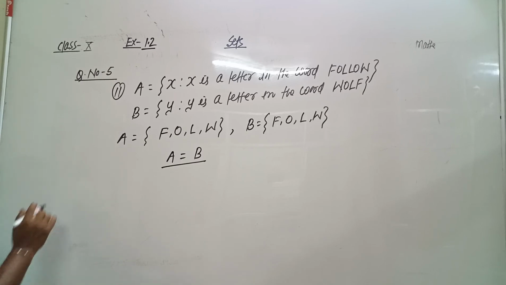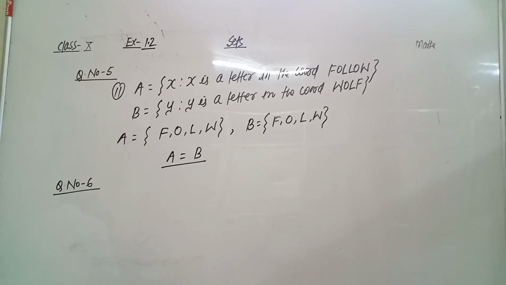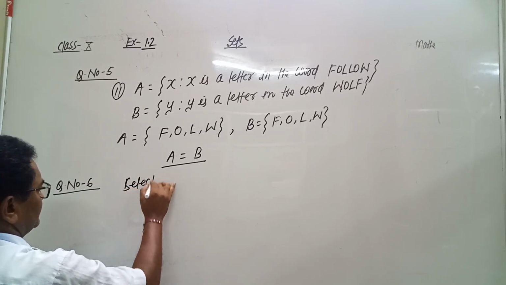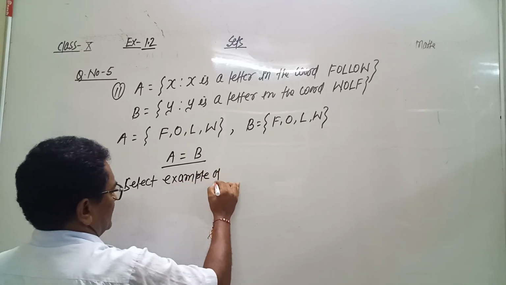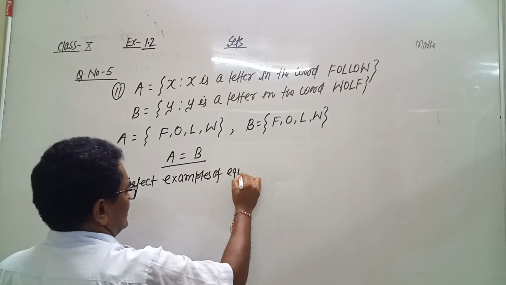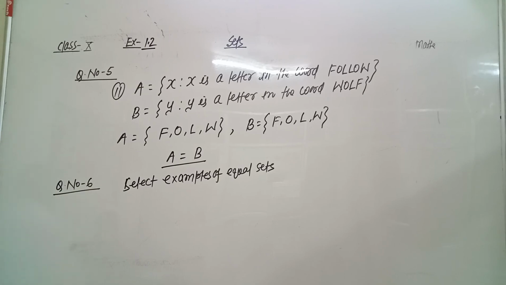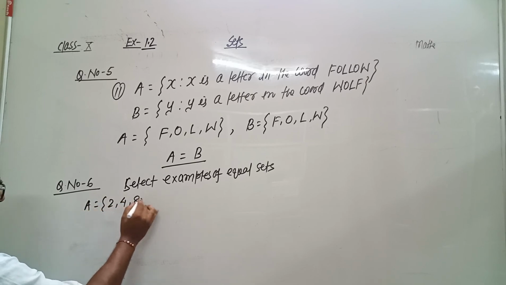Now for question number 6. We are given a number of sets and we have to select examples of equal sets. Set A equals {2, 4, 8, 12}.